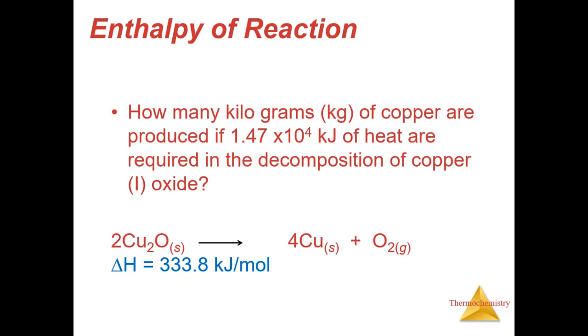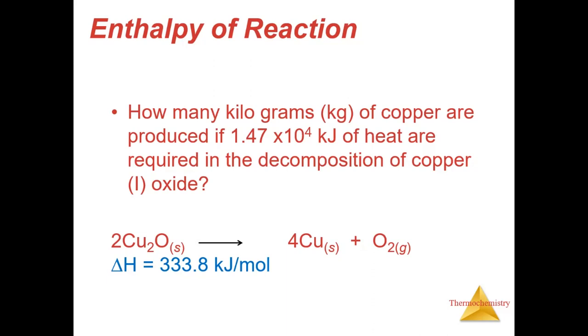What numbers do you have, Rebecca? Look at the screen and tell me what numbers you do have. 1.47 times 10 to the 4th kilojoules. Kilojoules. What else do you have? The 333.8 kilojoules per mole. So is there some way you think you can get moles out of that?